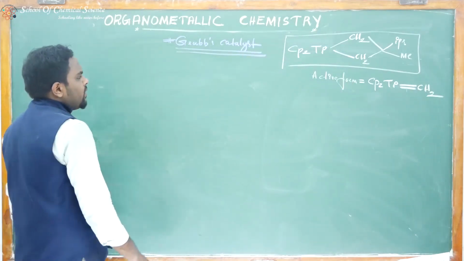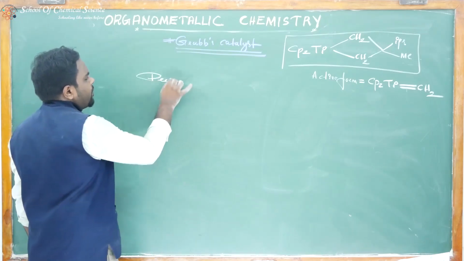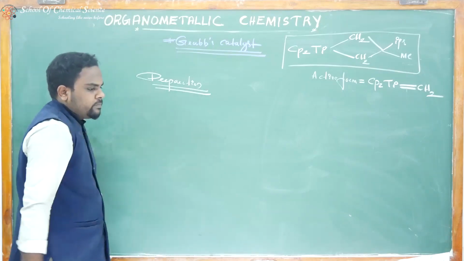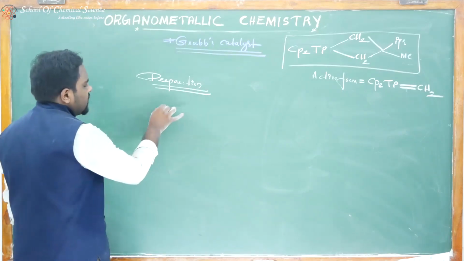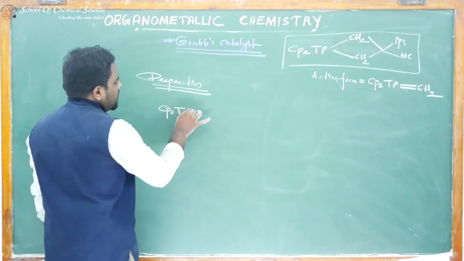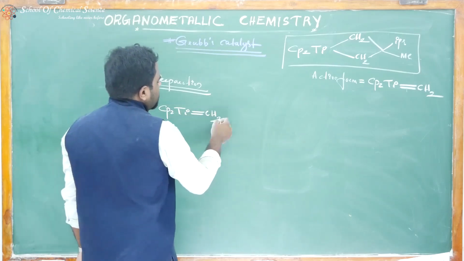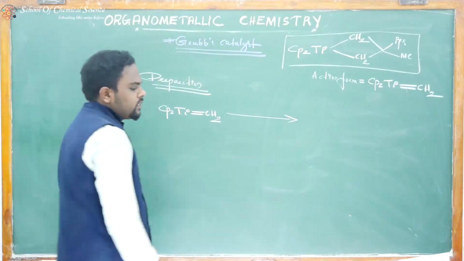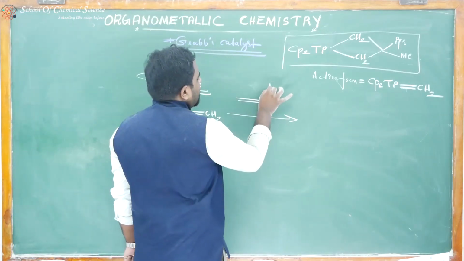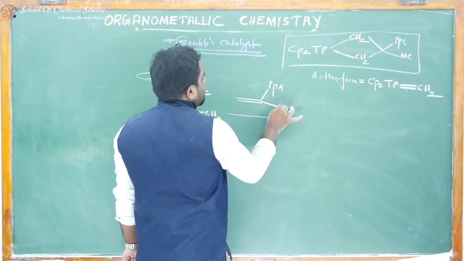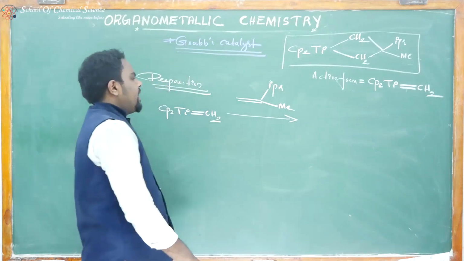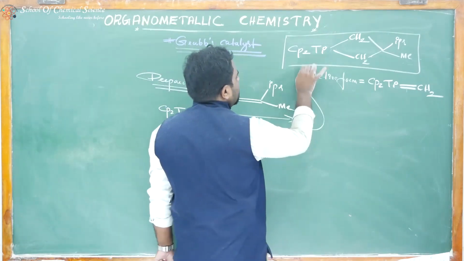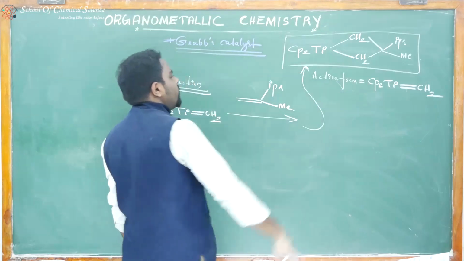First, preparation. How can you prepare it? Preparation is Cp2Ti=CH2 on reaction with CH2=C(iPr)(Me), then this will be formed.